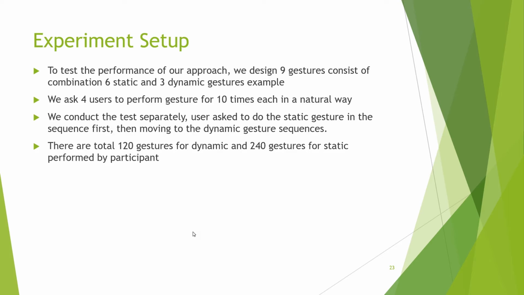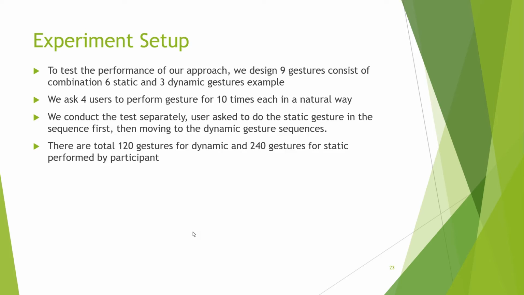Now to test the performance of our approach, we designed 9 gestures consisting of a combination of 6 static and 3 dynamic gestures. We asked users to perform each gesture 10 times in a natural way.